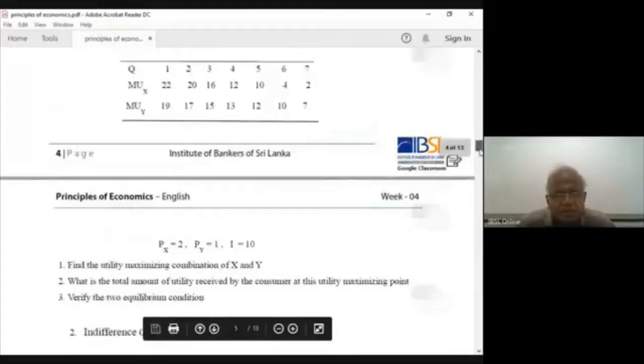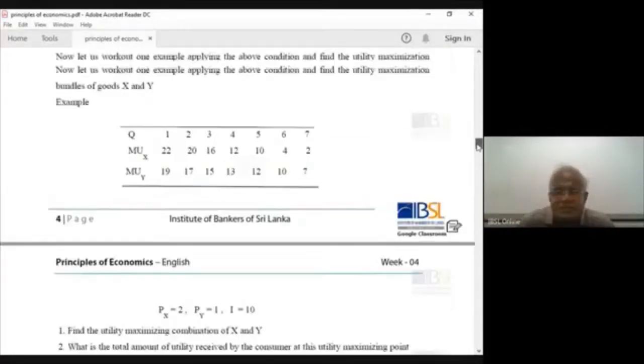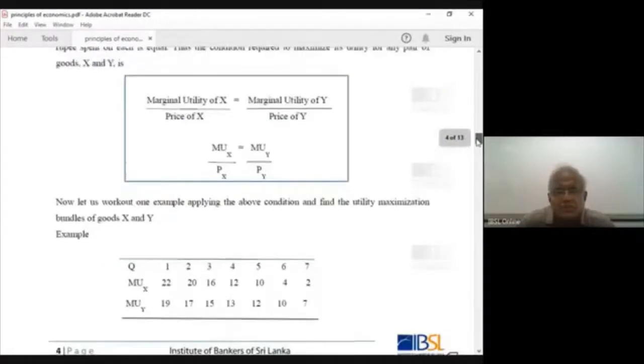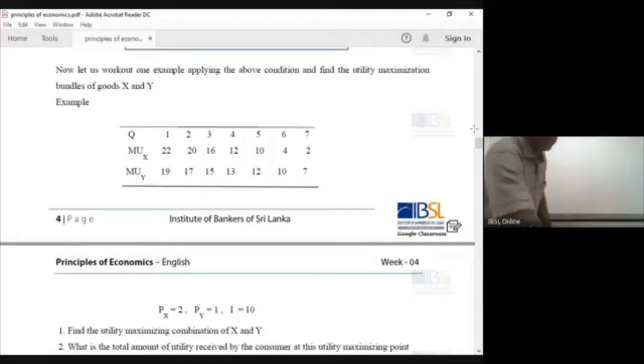Find the utility maximizing combination of X and Y. How much of X and how much of Y will he consume to get the maximum utility? Then what is the condition? MUX over PX equals MUY over PY. That is the utility maximizing condition. Now how do you calculate? Let me first take down these numbers. You have to calculate MUX over PX for each quantity.